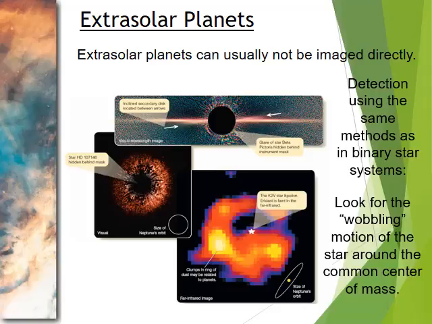And then you're trying to pick out planets, and remember that planets don't produce their own light, whereas you can see the star because it's producing its own light. It's really difficult to see the planets because they don't produce their own light, and the planets are much, much smaller than the star itself. So therefore, you have to find other techniques with which to detect extrasolar planets, also known as exoplanets.